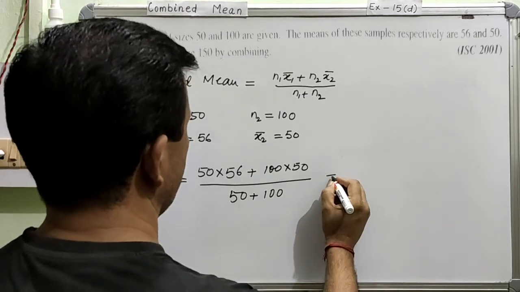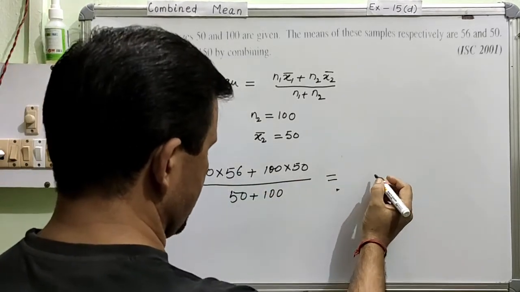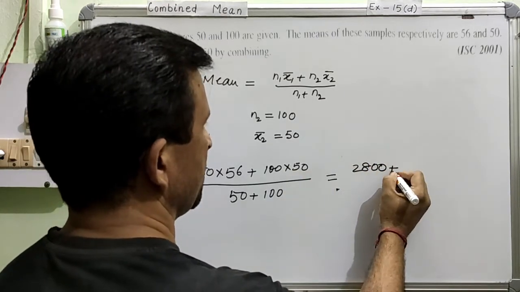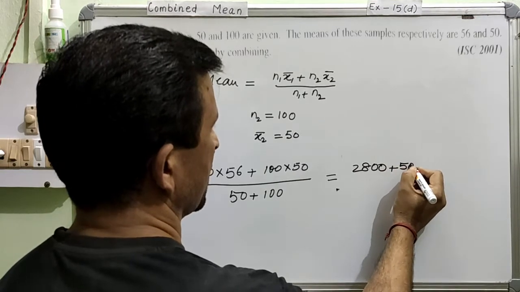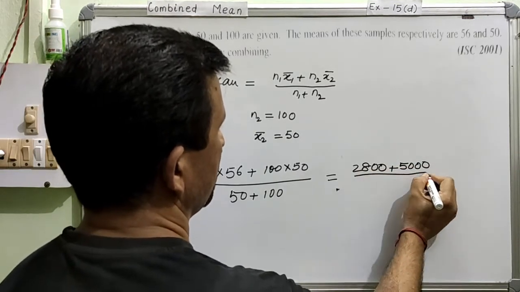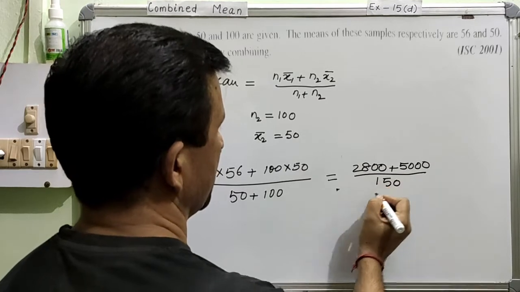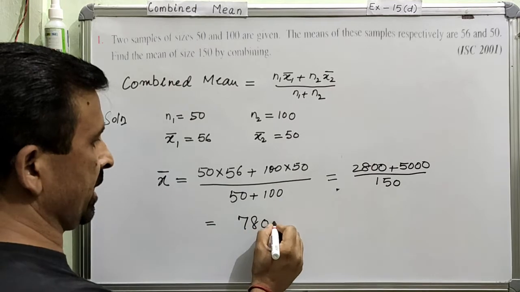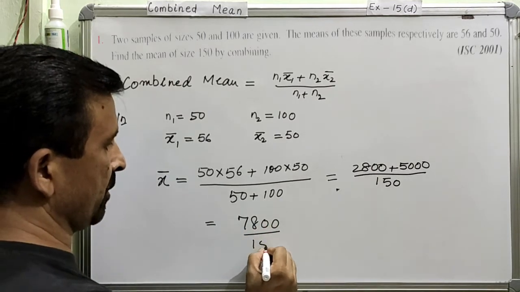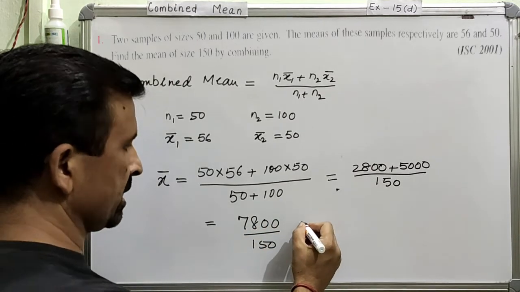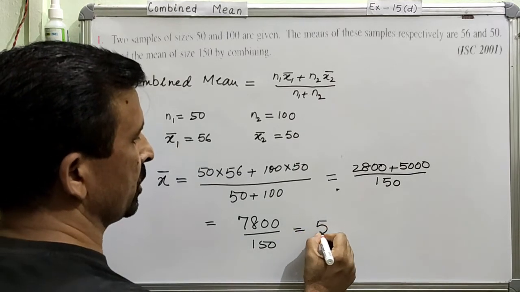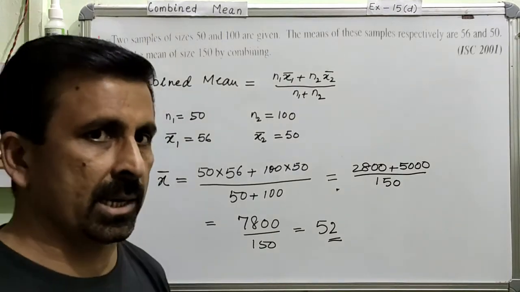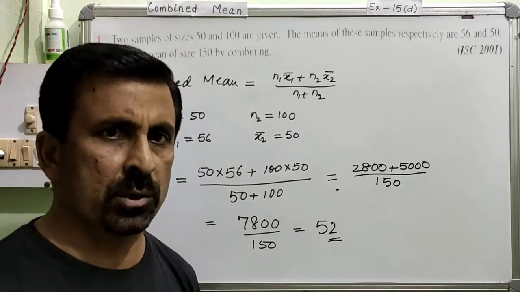So this becomes 2800 plus 5000 divided by 150, right? This is equal to 7800 divided by 150, and then the final answer is 52. So you can see this is the process of calculating the combined mean. Hope you are finding the question too easy.